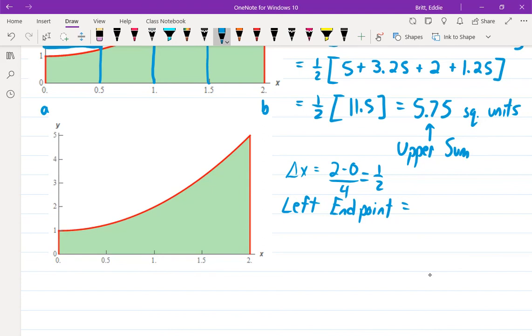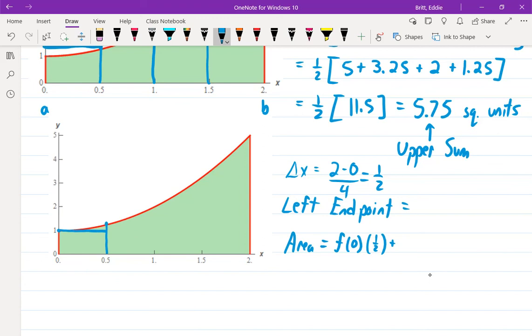All right, so my area is going to be equal to, so if I start at the left endpoint, that gives me this height right here. And I go over to where my x value is just 1/2 of a unit away, and I stop right there. Okay, so that's f of 0 times 1/2, or 0.5. Now I'm at 0.5, so I'm going to go up here.